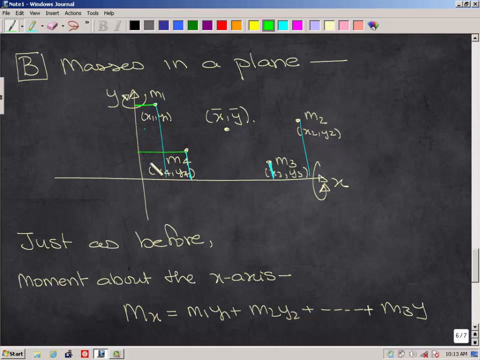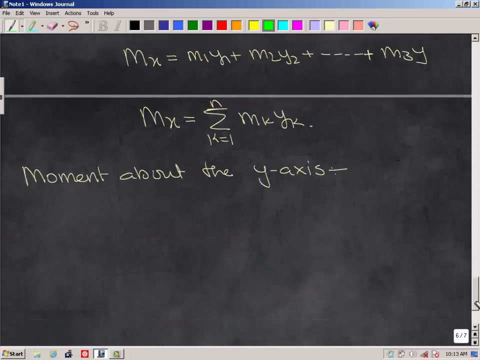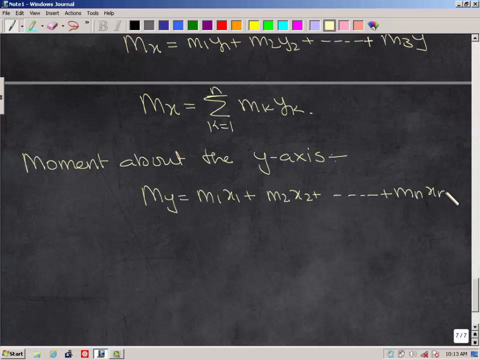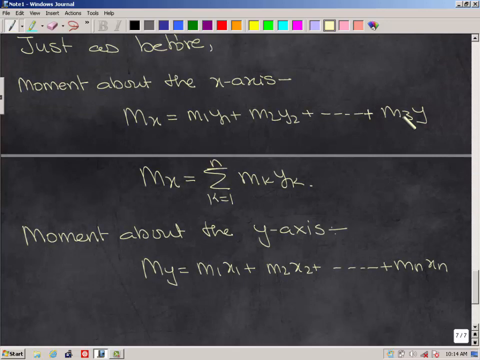What do we call the horizontal distance from the y-axis? We call that x, right? So this distance is x1, this would be x2, and so on. In that case, the moment is given by m sub y, which is m1 x1 plus m2 x2 dot dot dot plus mn xn. I have no idea why I put 3's here.